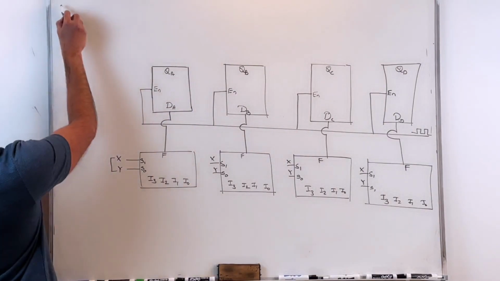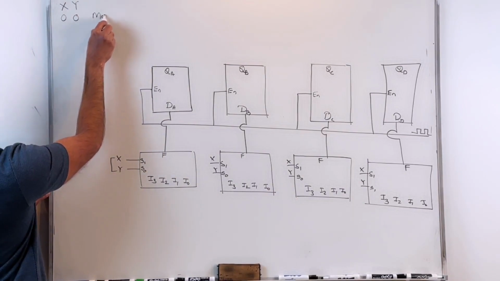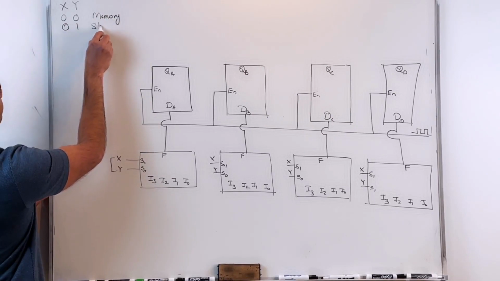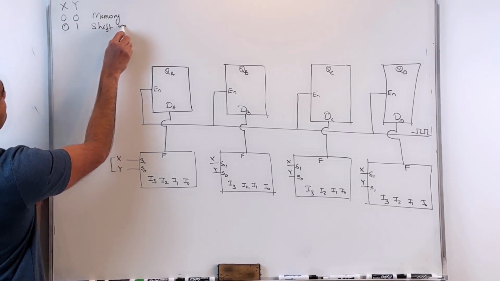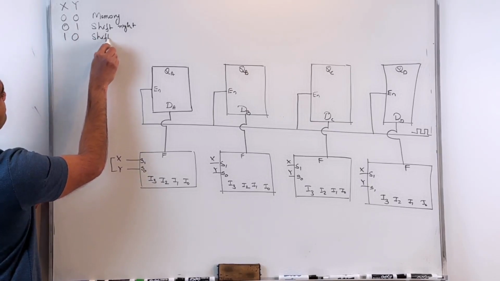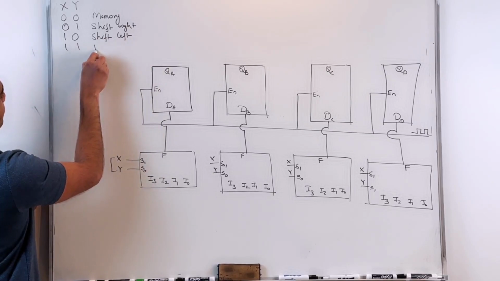Now again, if you remember, with 0, 0, I wanted to get the memory operation. 0, 1, we wanted to get the shift right operation. 1, 0, shift left operation. And 1, 1, what was that? Parallel load operation.